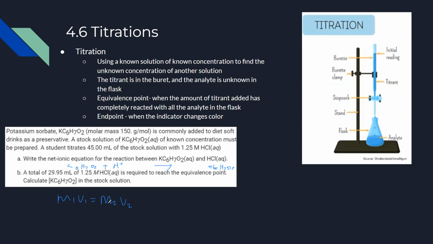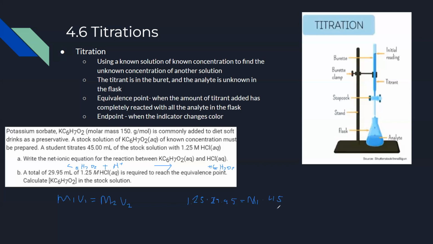You know the molarity and the volume of HCl, so you can do 1.25 times 29.95 equals M1 times 45.